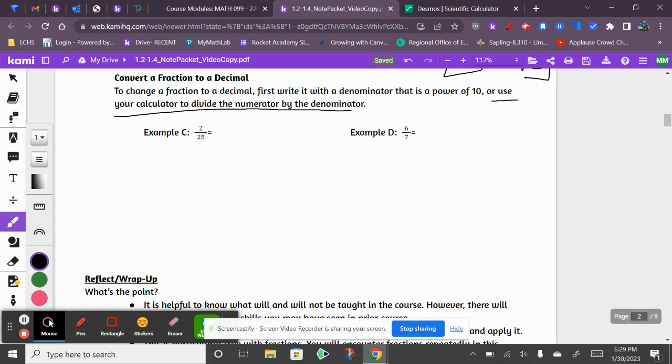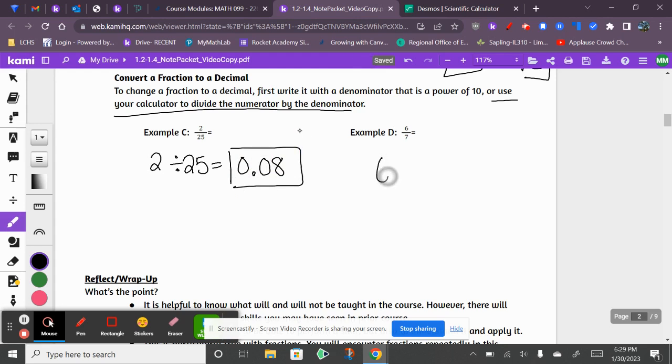So sometimes they also don't end up perfectly to get a denominator that's a power of 10. So I think it's easier to just in general divide. So you're just going to take 2 divided by 25. And so we get 0.08. Just as simple as that.